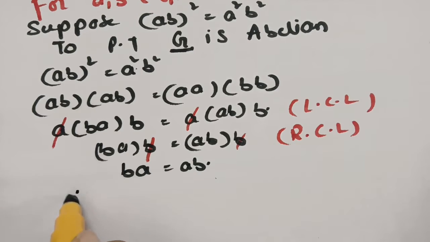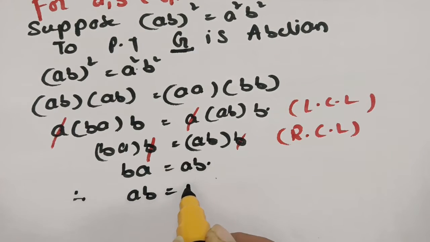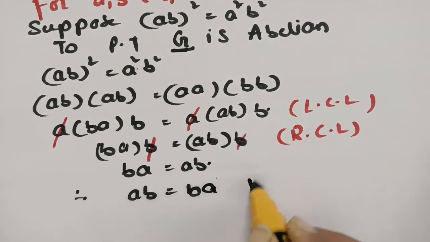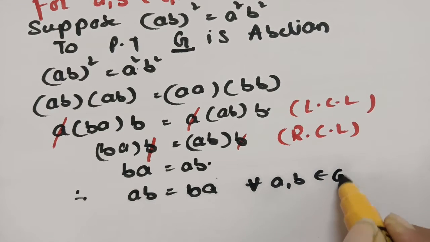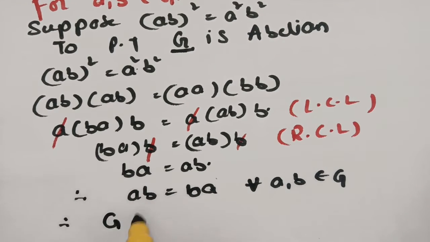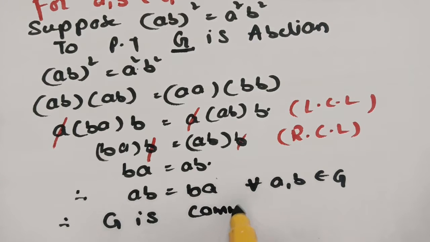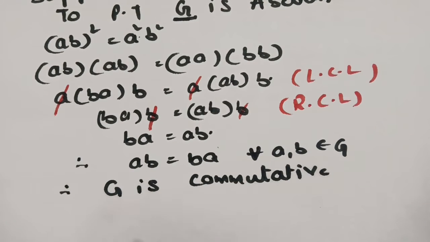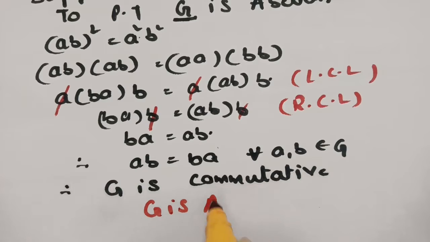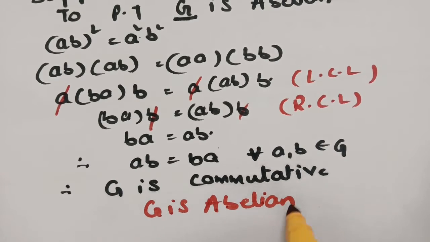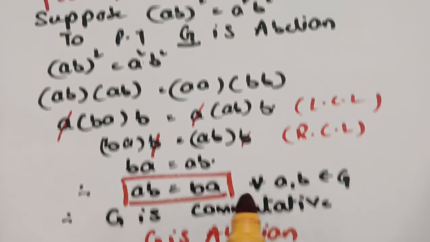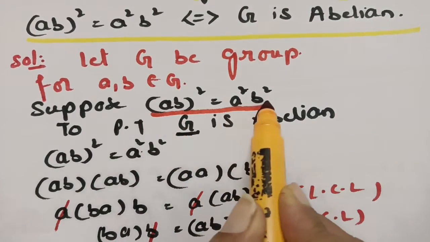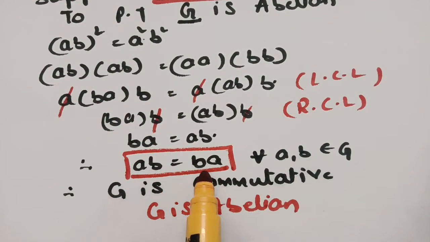Therefore AB is equal to BA for every A, B belonging to G, and therefore G is commutative, and hence G is abelian. Clear? I have taken (AB) whole square equal to A square B square, and I have shown it satisfies the commutative law, and therefore G is abelian.